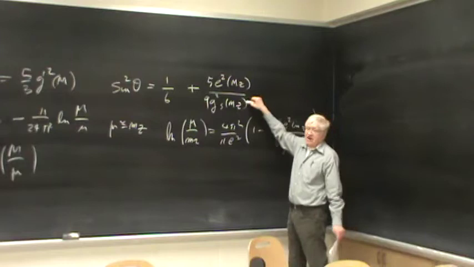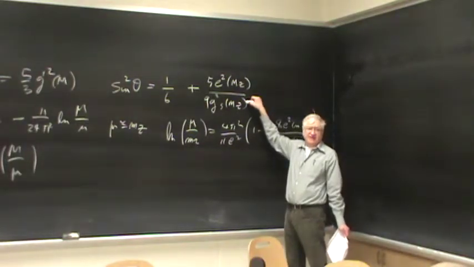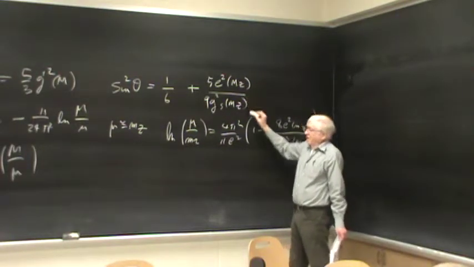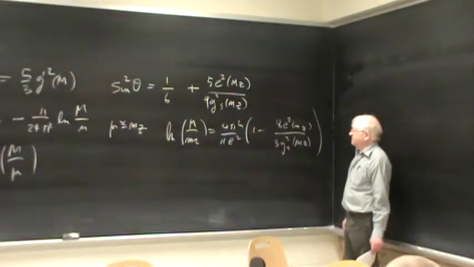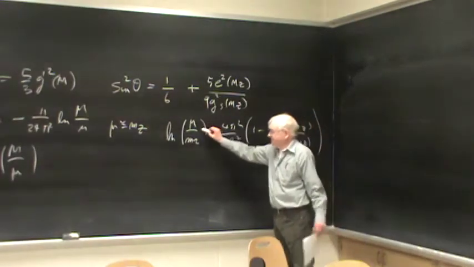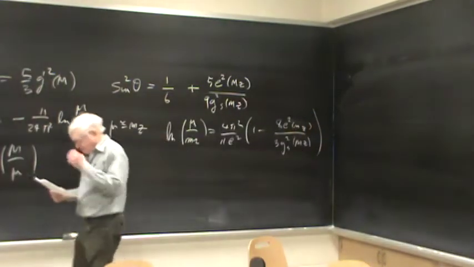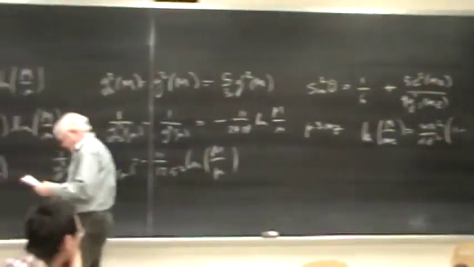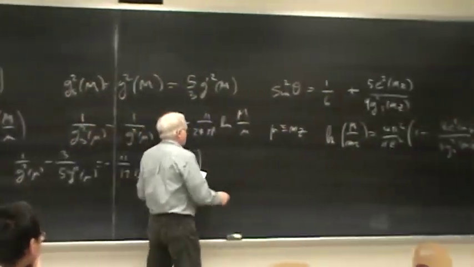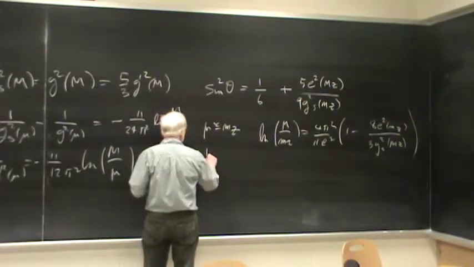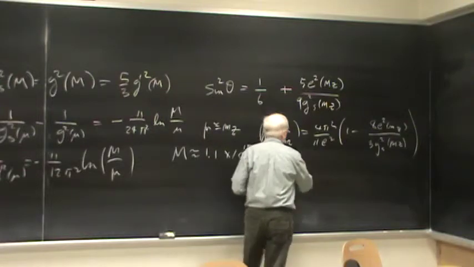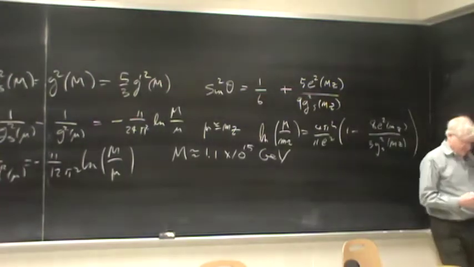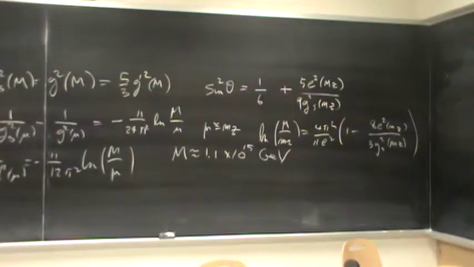Okay, well these things are measured in experiments, and in fact there were experiments at LEP which were available when Weinberg was writing this, and so you compute these things, and that gives you an idea of how big this is. Basically the estimate there was that M should be about 1.1 times 10 to the 15th GeV. So that's basically what the result is. And this is basically independent of SU(5).